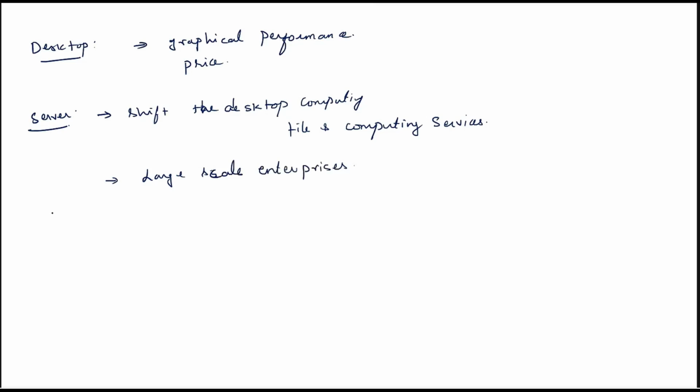Again, the critical factors to be considered for the server: one is the availability, because when you talk about a server, we may have multiple requests, so clearly it has to be available. For example, an ATM or whatever the case.